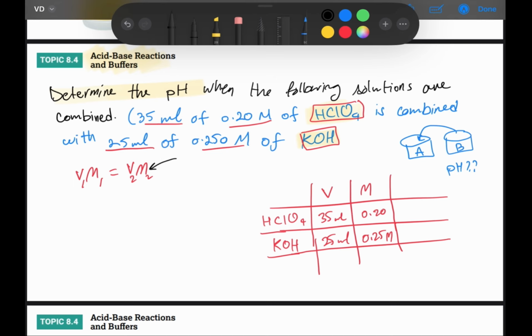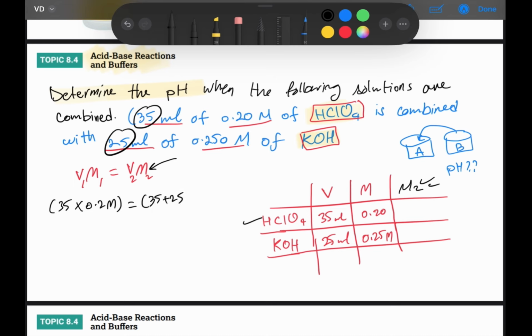Now, if we apply that, we're going to calculate the molarity after the dilution process. So how can I do that? Let's start with HClO4. We're going to calculate the M2, which is the one that I need. We took 35 milliliters of perchloric acid, multiplied by the molarity. The total volume becomes 35 plus 25, since we're adding two volumes.